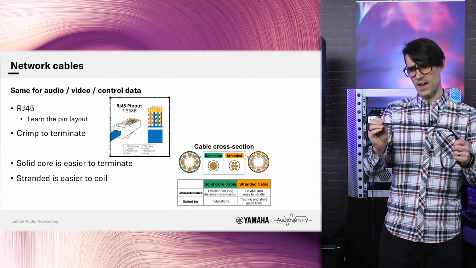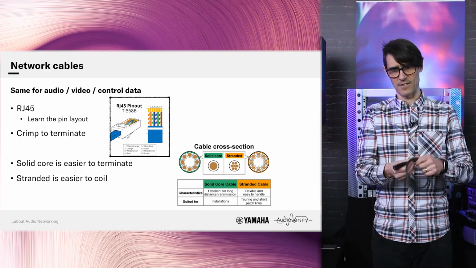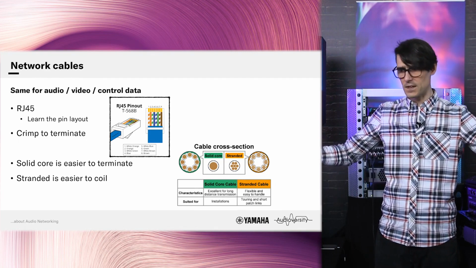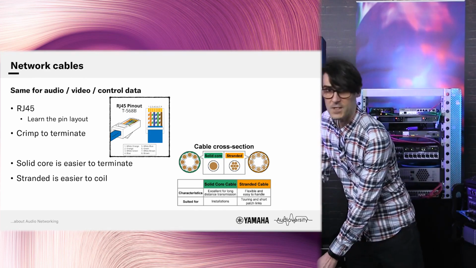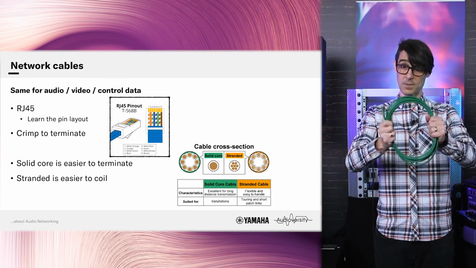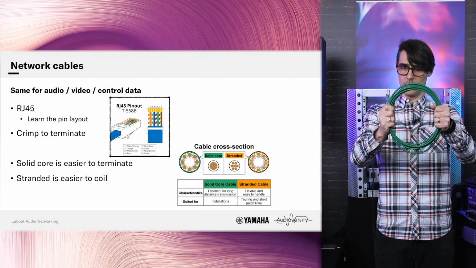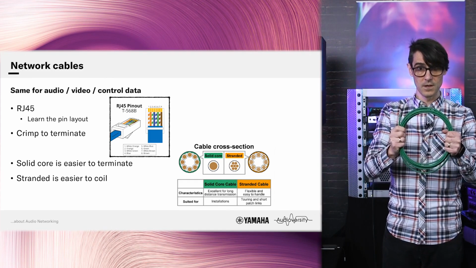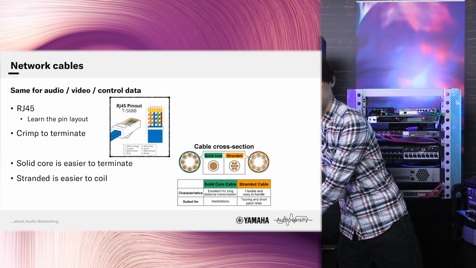Though stranded copper is not so efficient at carrying your data long distances. So if you need to make use of the 100-meter limitation of copper, it's best to use solid copper, which is less flexible, but more efficient with your data. So there are advantages.